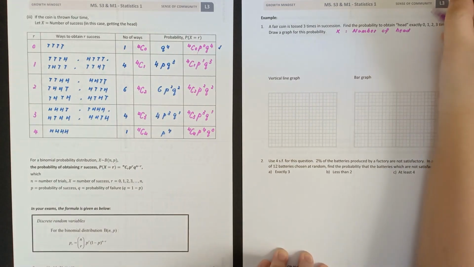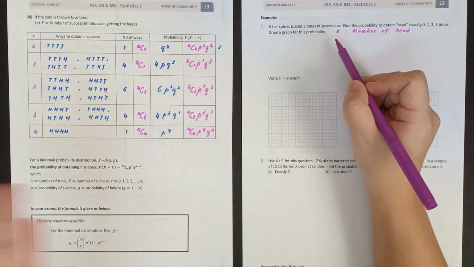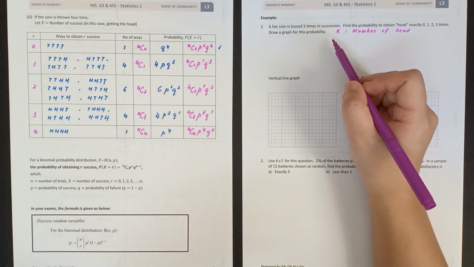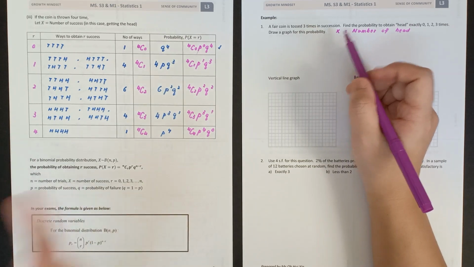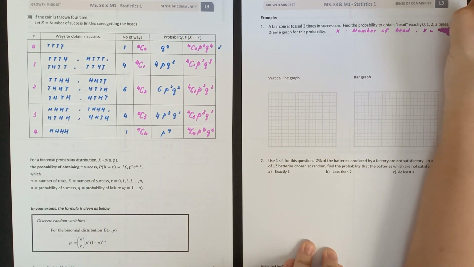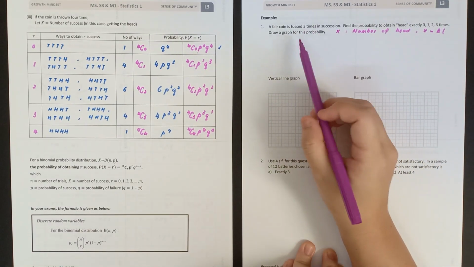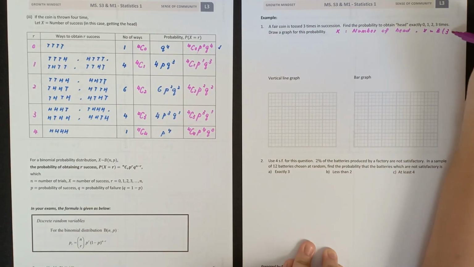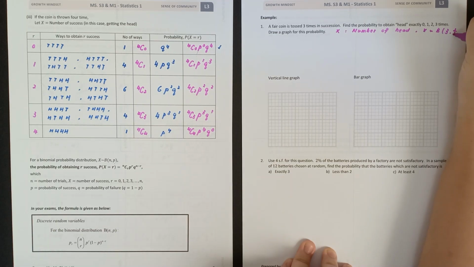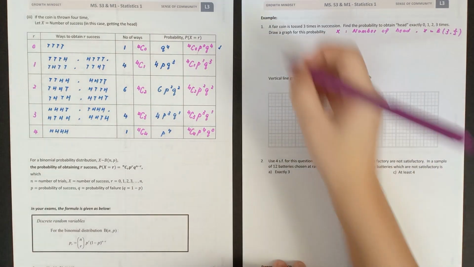We write it in the notation: since we use X, you can use anything here, like A, B, C, D, K, L. So X is a binomial distribution with n, the number of tosses, which is 3, and p, the probability of success, which in this case is 1 over 2.